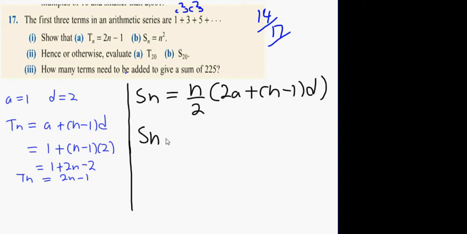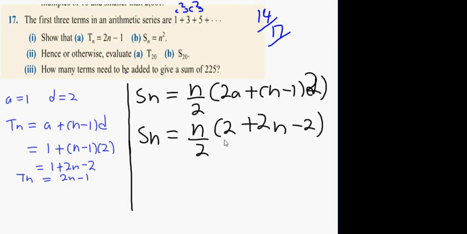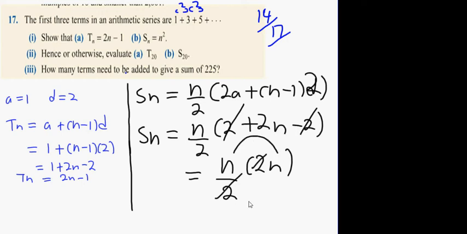So Sn is n over 2, now 2a is 2 plus n minus 1 times d. d is 2, so it's going to be 2n minus 2. The 2's cancel, and we're going to have n over 2 times 2n, and that's n times n, which is n squared.